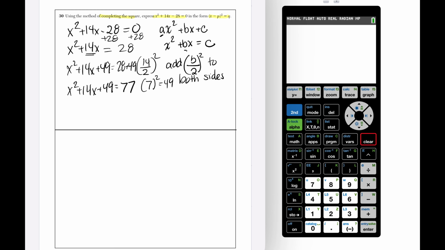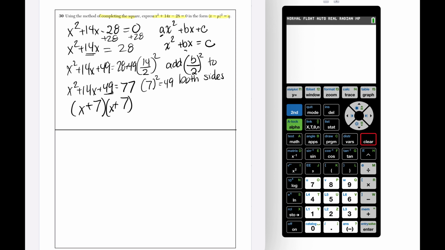Okay? Then they're going to tell me now I can rewrite this into that other form that we know how to write. Pretty much we have x plus x, and because this is a squared, I have 7 times 7 makes 49, and I'm just going to put a plus in between them.